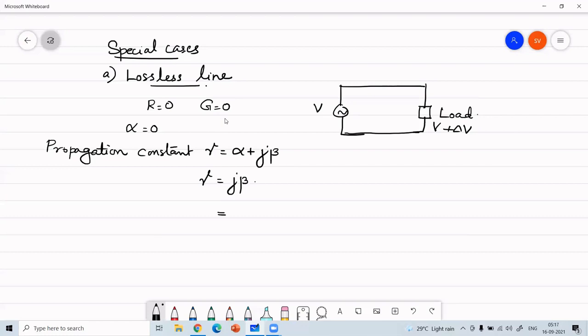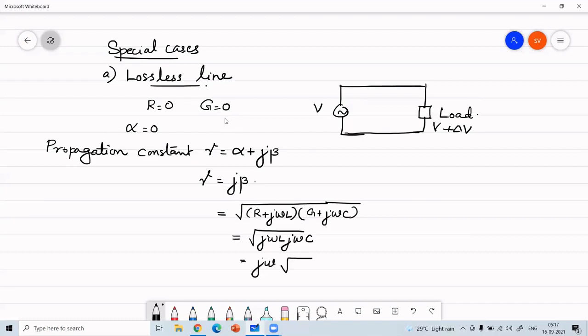And in the previous class, we have studied the expression for the propagation constant, which is given by root of (R plus j omega L) into (G plus j omega C). So here R is 0 and G is 0, therefore root of j omega L into j omega C. This j omega can be taken out, so j omega into square root of L into C. So that is equal to j into beta.